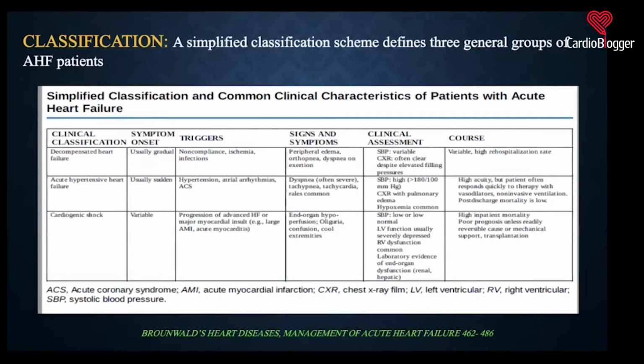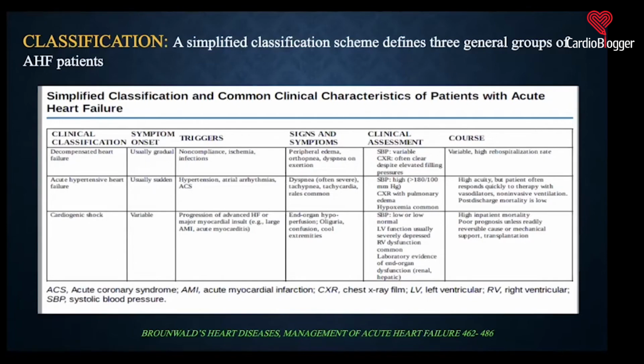Triggers are usually discussed in decompensation, as I already covered, whereas in a patient with hypertensive heart failure, it is usually the hypertension and the atrial arrhythmia which are more important. Then symptoms and signs: in decompensated heart failure, as we already know, there can be signs of congestion, whereas in cases of cardiogenic shock, tissue hypoperfusion will be important, and the course is important.